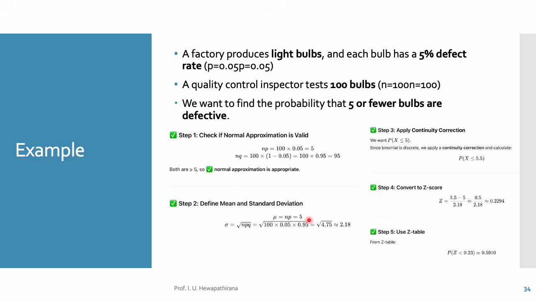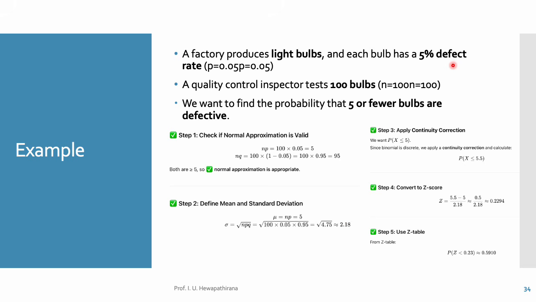So this is the mean and this is the standard deviation of this binomial distribution. The random variable that you are considering, the number of defective bulbs, can be approximated according to a normal distribution with mean 5 and standard deviation 2.18.